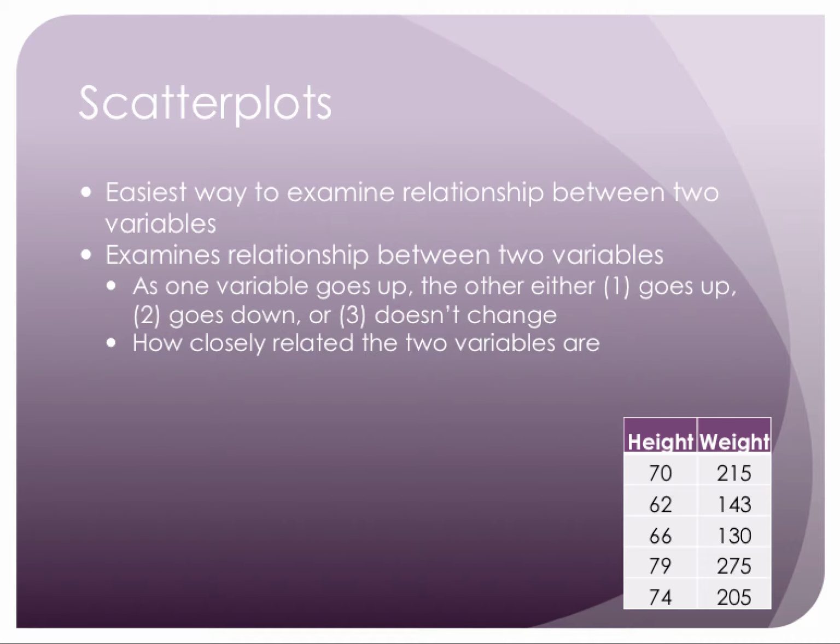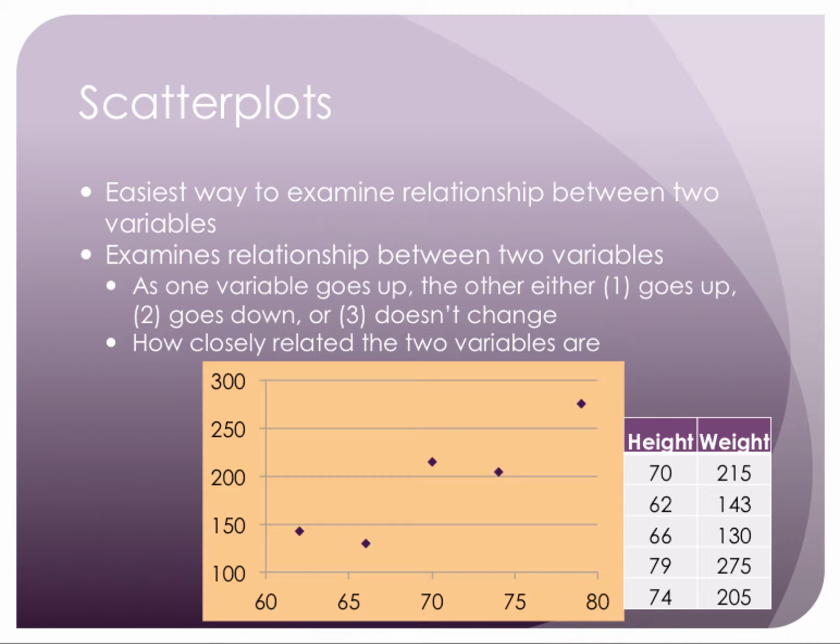So for example, if we had height and weight, these five people who I just made up, we could see a scatter plot like this. And you could see the general trend that as people get taller, they weigh more. This is not surprising, especially in made-up data. But this idea of getting a visual representation of the data could be helpful.